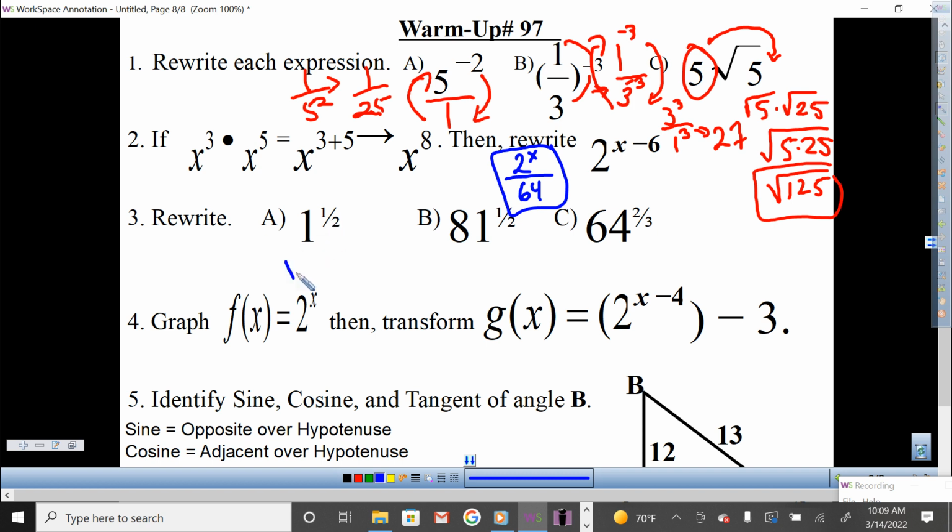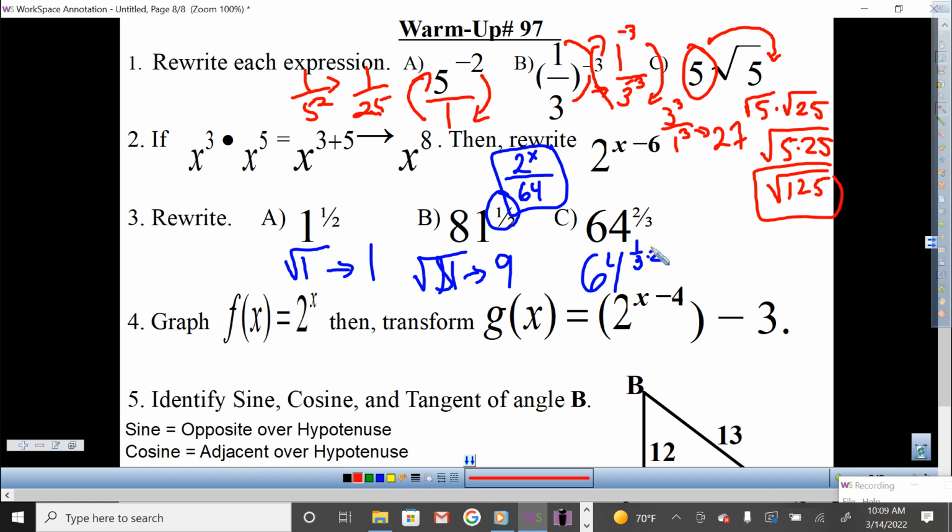1 to the 1/2 is square root of 1, which is 1. That means this one is what? Square root of 81, which is 9. Which means this one, 64 to the 2/3, is 64 to the 1/3 times 2.